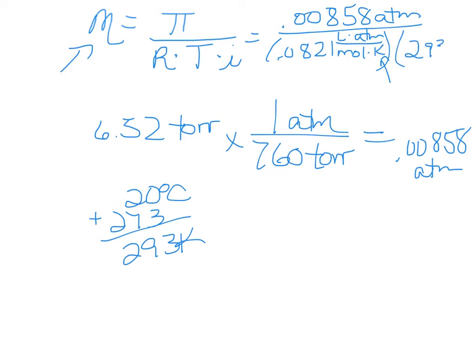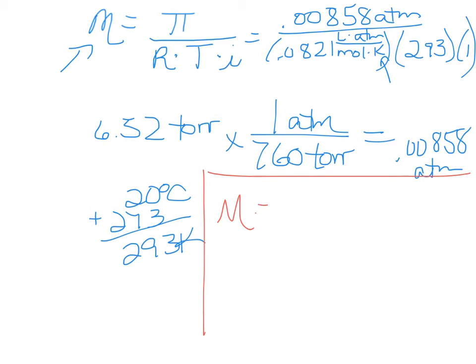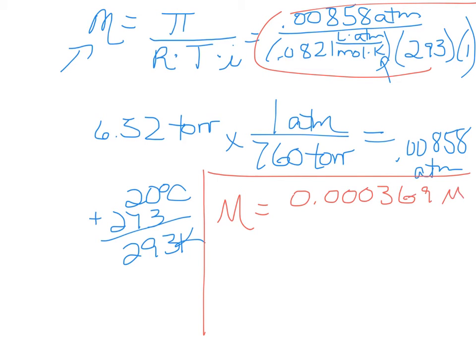There we go. And I is 1, the problem told us. All right, so let's see now what we have for molarity of this solution. I'm going to go ahead and do this calculation. And when I do that calculation, molarity is 0.000369 molar solution.